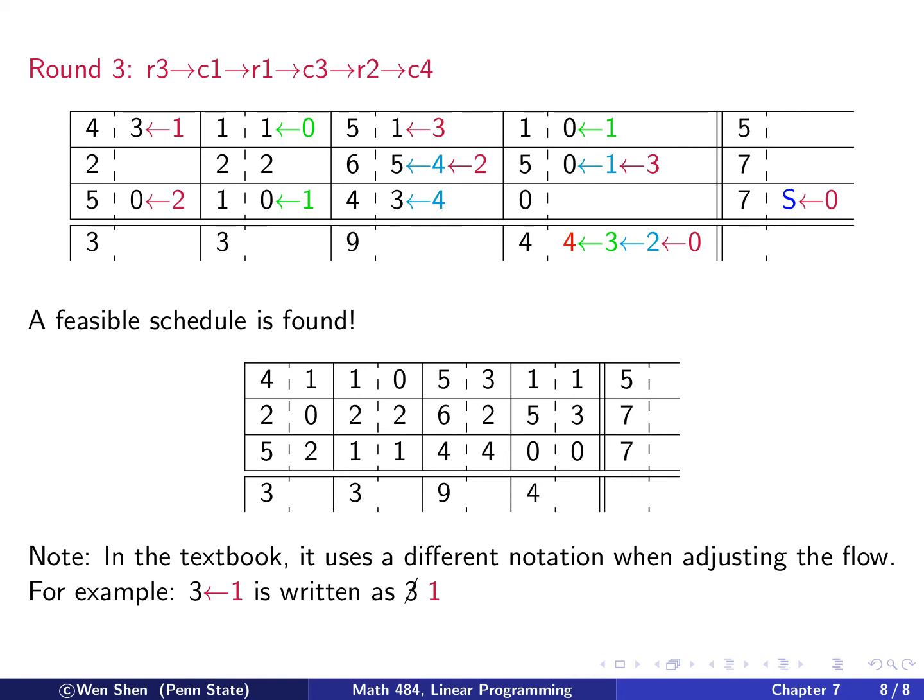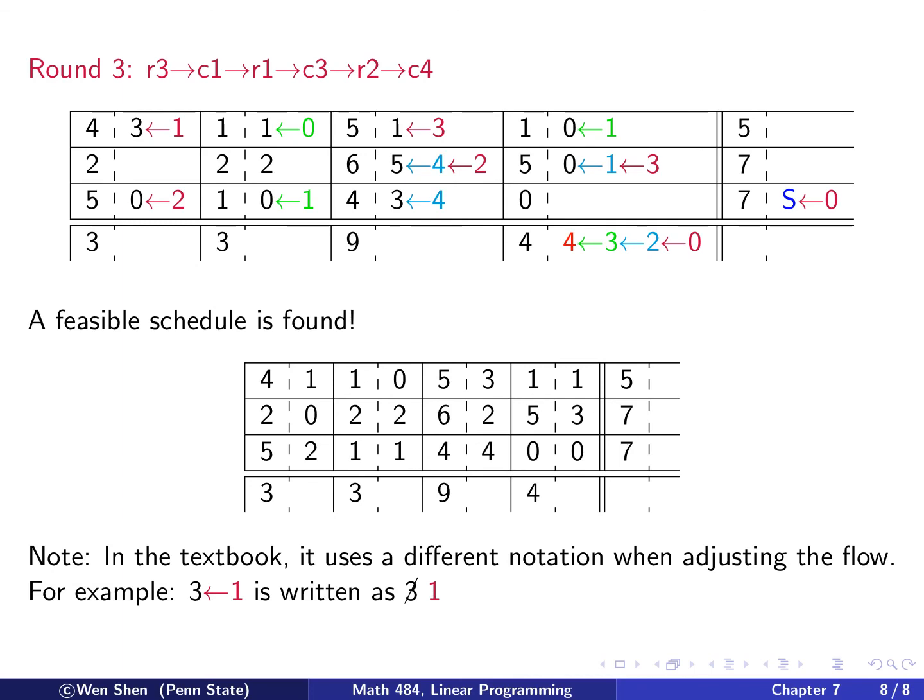Okay, so that is a feasible schedule. So one feasible solution is found, and it might not be the unique one because we made many decisions along the way.